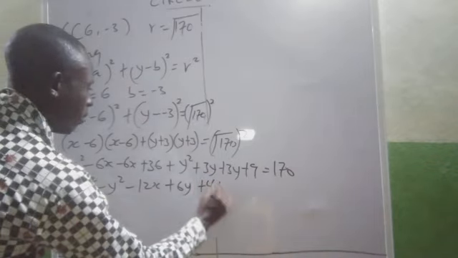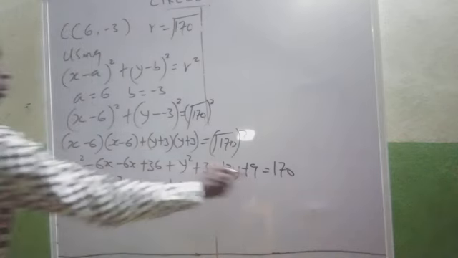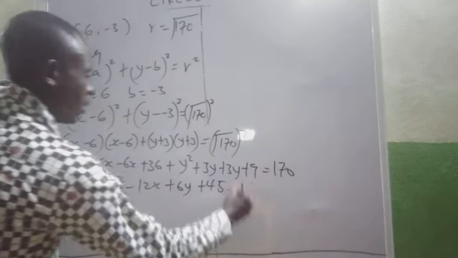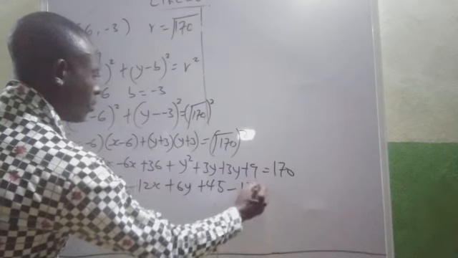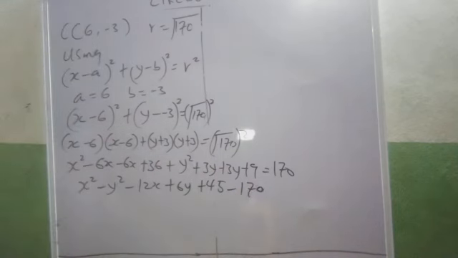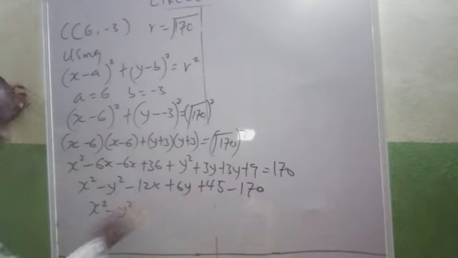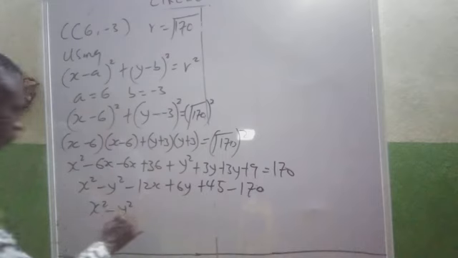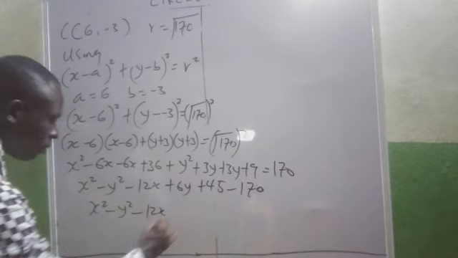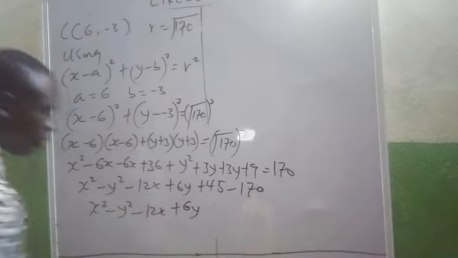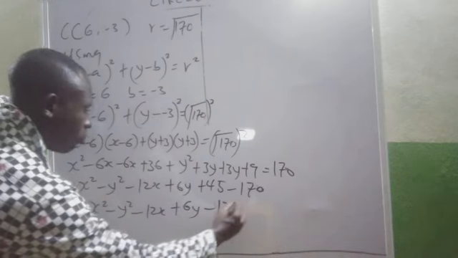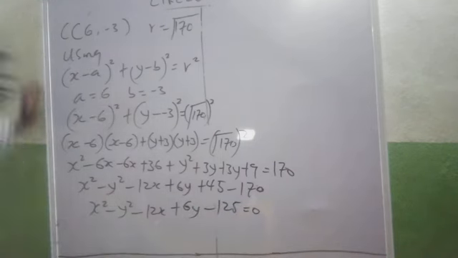This 45 is 36 plus 9, minus 170. So our final answer here will be s squared plus y squared minus 12s plus 6y minus 125 is equal to 0. So this will now be our final answer to that question.